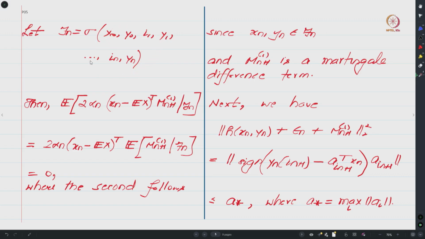In some sense this sigma field captures the information that we have until time n. So if you take the conditional expectation of this expression with respect to such an Fn, one can see that this expression is measurable with respect to this Fn, and hence I can pull out all these terms from this conditional expectation and we will be left with this.